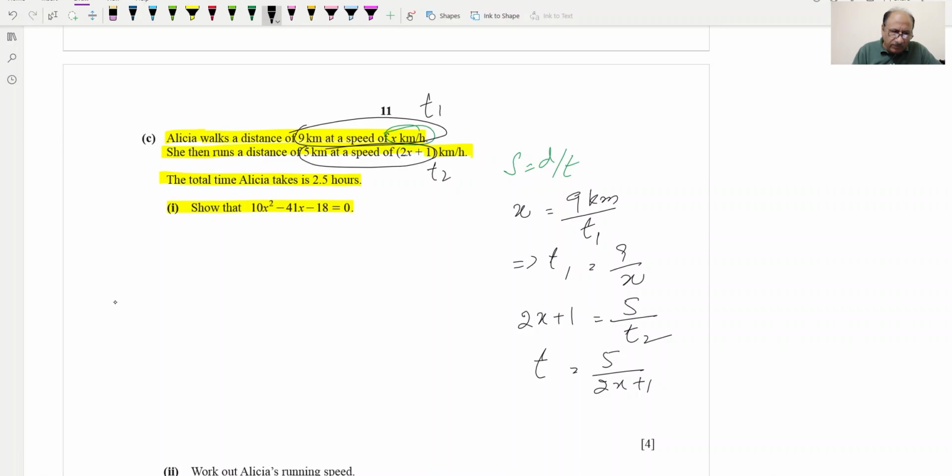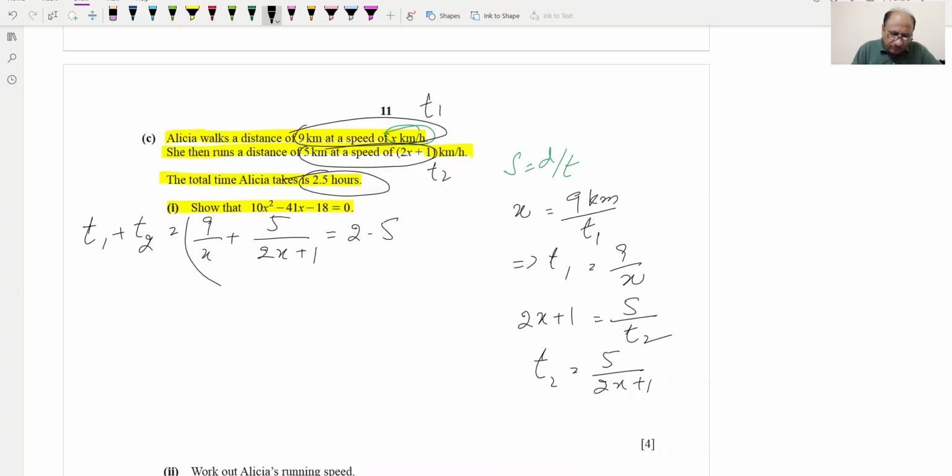Now t1 plus t2 will be equal to 9 over x plus 5 over 2x plus 1, and we know the total is 2.5 hours, so this is equal to 2.5.